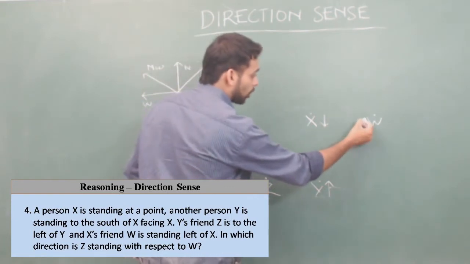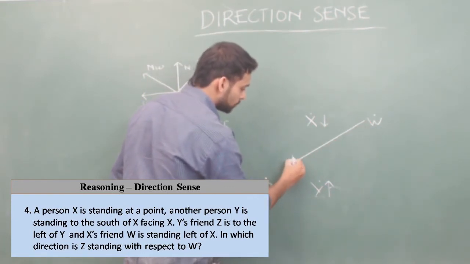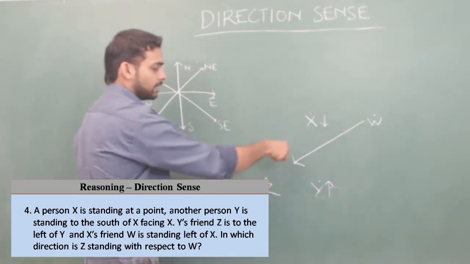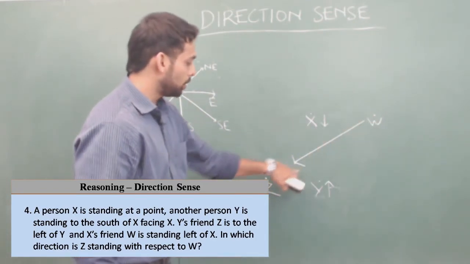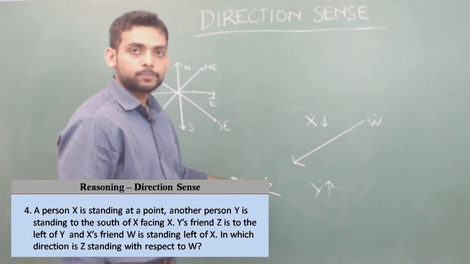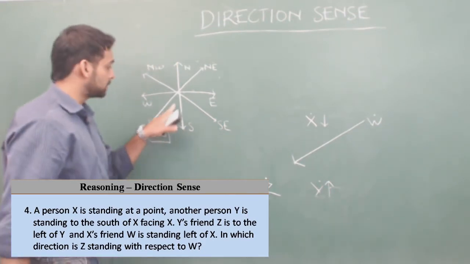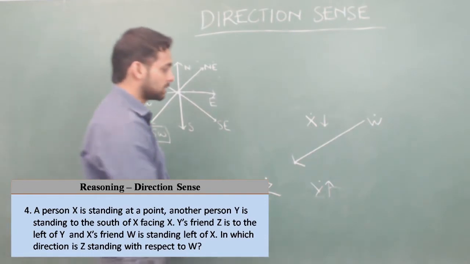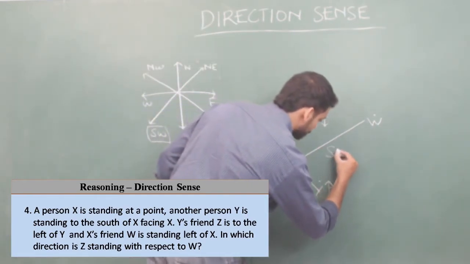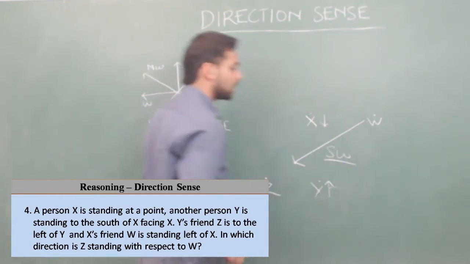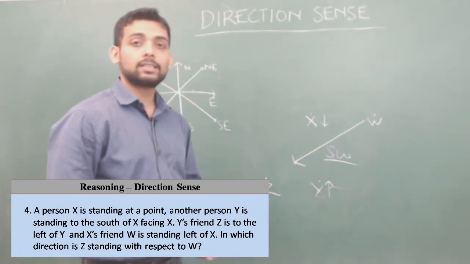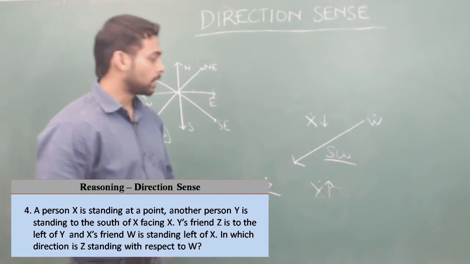So I see that if I draw an arrow, W will see Z standing in this manner, down and towards the west. So now when I refer to the compass, down and towards the west means the southwest direction. So southwest. With respect to W, Z is in the southwest direction.